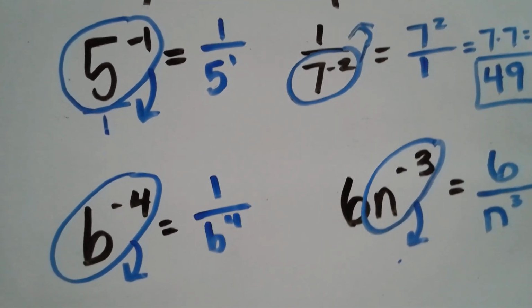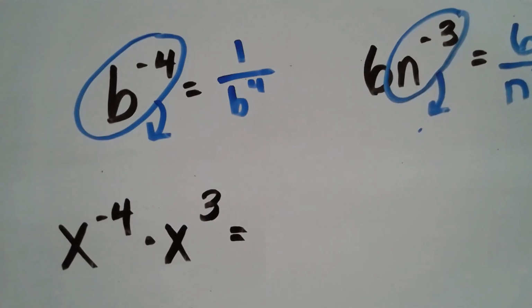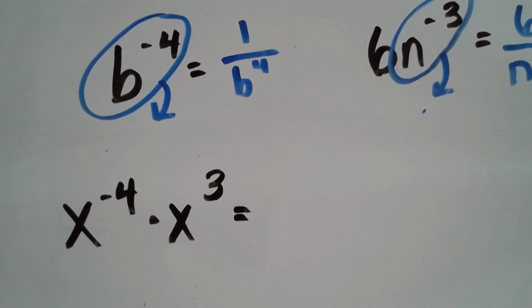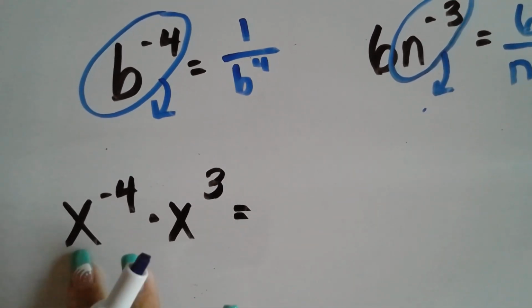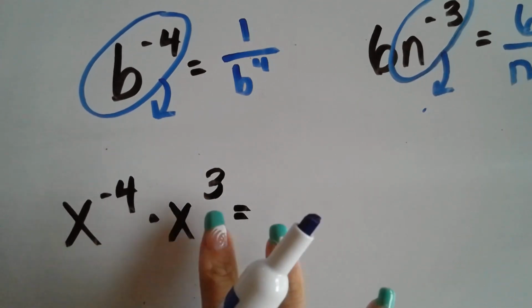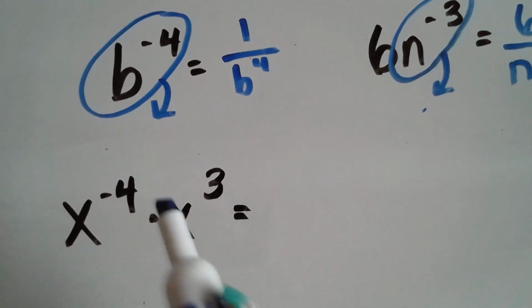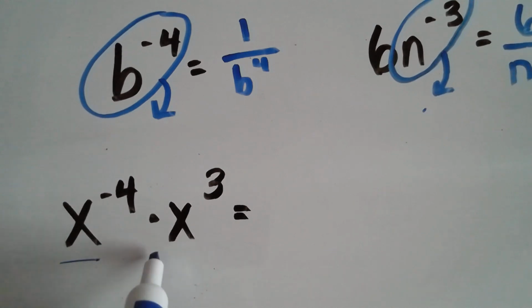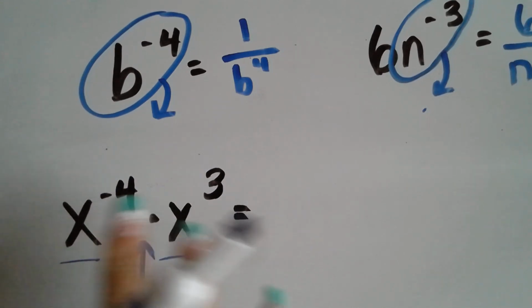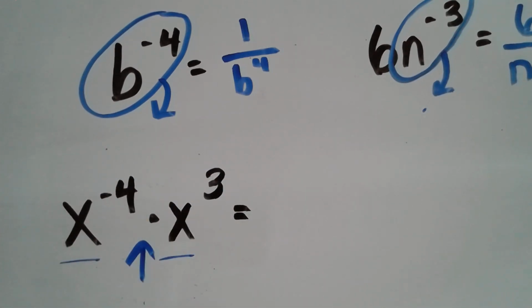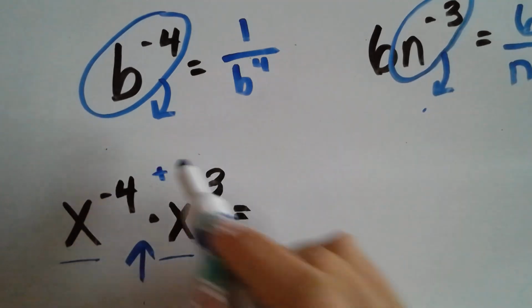Now let's look at another example. So we have x to the negative fourth times x to the third. All right, we both see that they both have the x in common, and we know that they are multiplying. And when you are multiplying, what are you supposed to be doing with exponents? We learned that we add those.